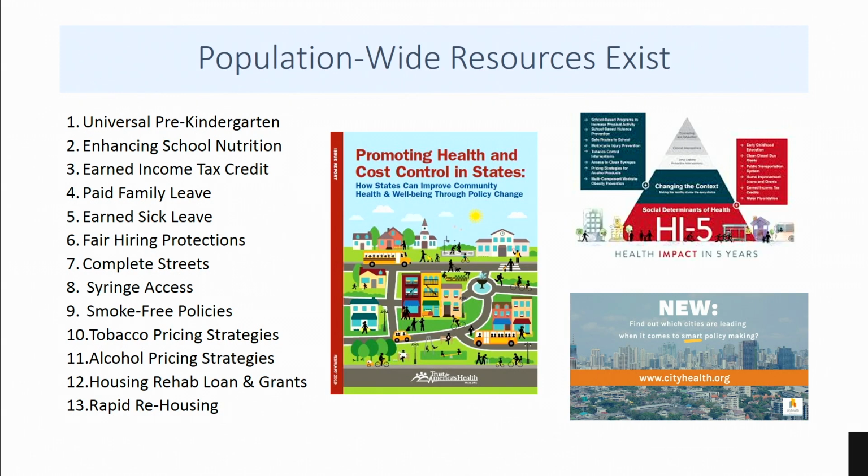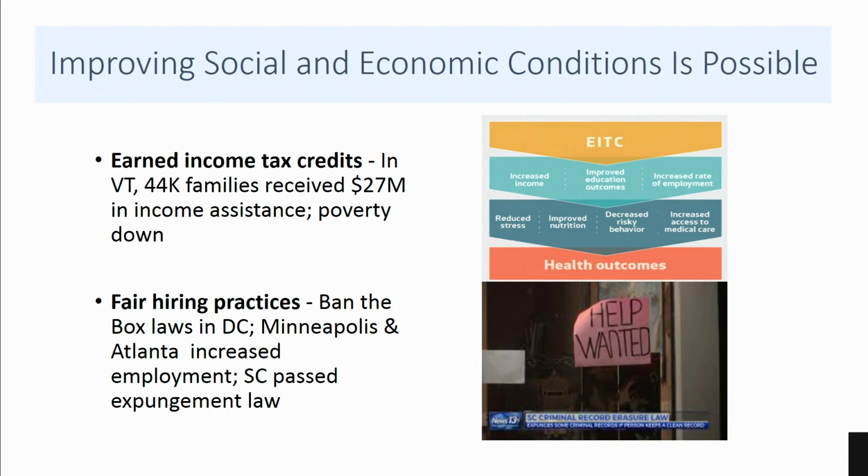Sometimes thinking about those laws, regulation changes can seem too overwhelming and hard to understand and to think about, is there an evidence base? There is, in fact, a variety of materials that are now available that can help you with that, including one that Trust for America's Health just released, Promoting Health and Cost Control in States, which focuses on 13 evidence-based policies, High Five at CDC, and City Health, an initiative by the de Beaumont Foundation that focuses on what cities can do to change those policies to complement what happens in the healthcare sector.